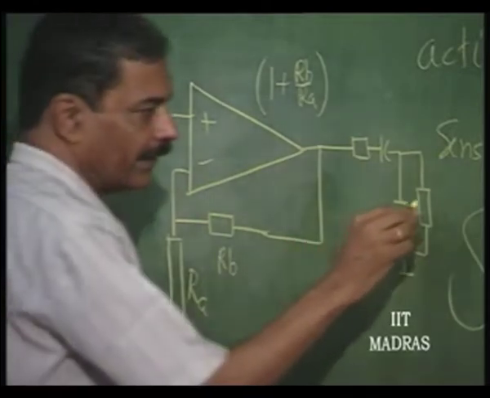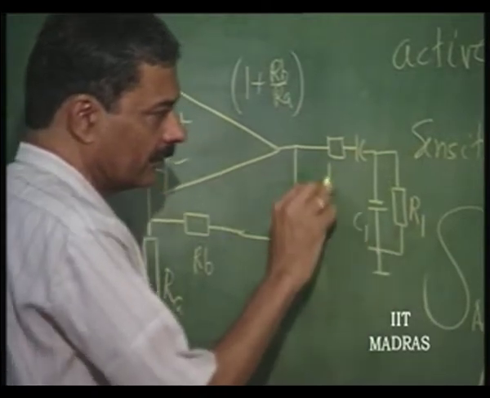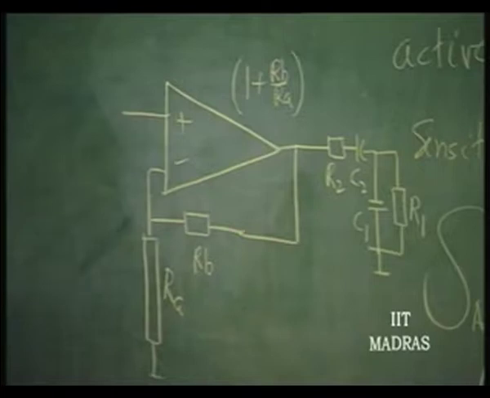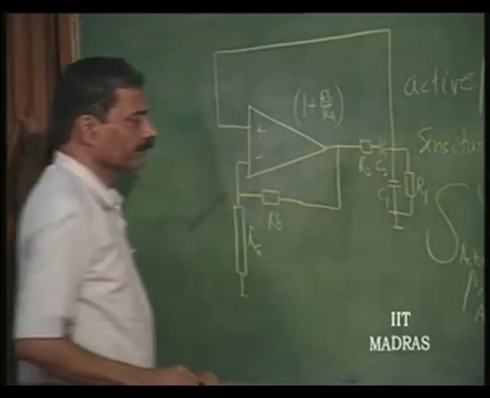In fact, it could be just R 1 C 1, R 2 C 2. Right. You remember this? Then we had closed this loop.